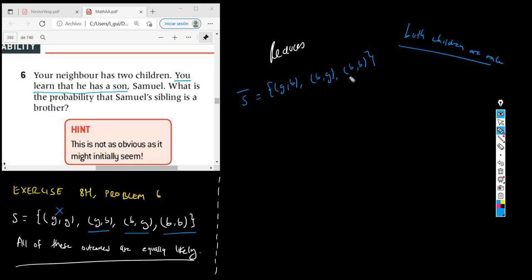So if you look at the sample space, the only outcome in which both children are male is this one, boy and boy.